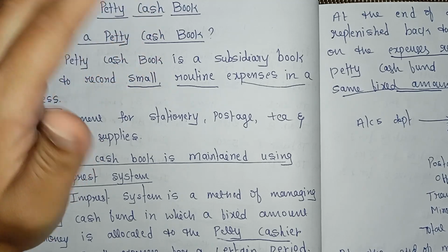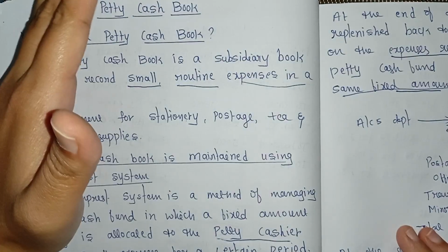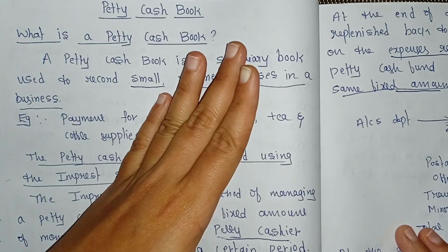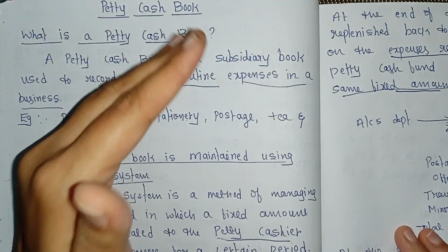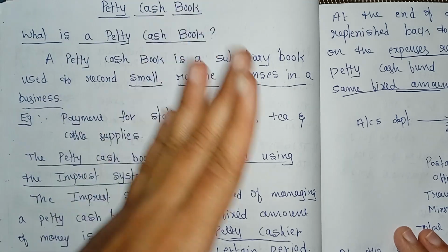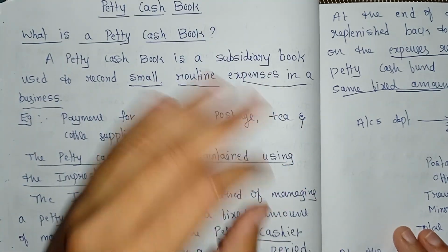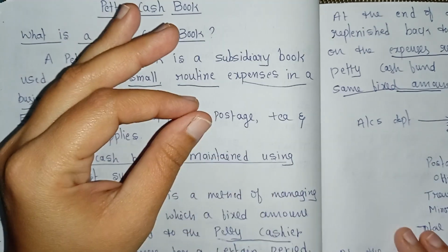If we maintain the cash book, we have to record all the cash transactions in the cash book, and for those transactions we need not record them in the journal. Okay, this is the subsidiary book. So a petty cash book is a subsidiary book.